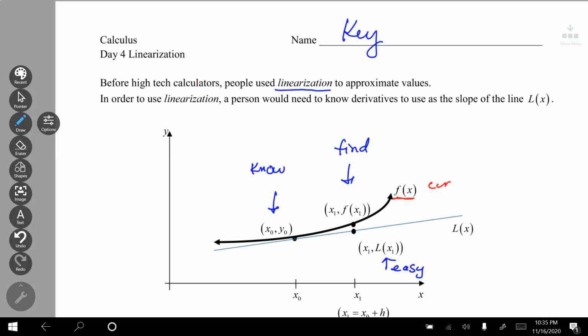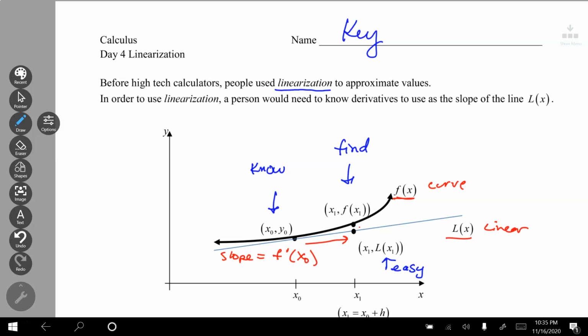This function is curvy, this function is just a line. So they said the slope of this line is equal to the derivative at this x value, and it's very easy to figure out what this next value is.